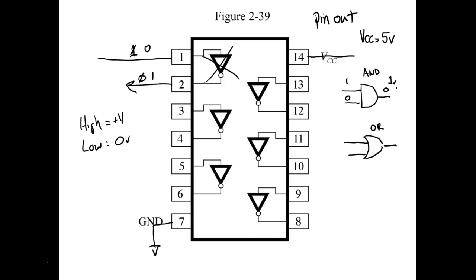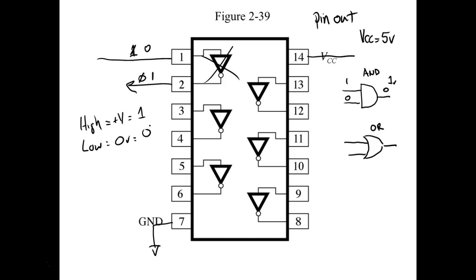Well, that's one thing we're going to look at. And where would that information be? It's going to be in the data sheets. The data sheets are going to show us what we consider to be legal highs and legal lows. And of course, in truth tables, for a high we're going to use a 1, and for lows we're going to use 0.